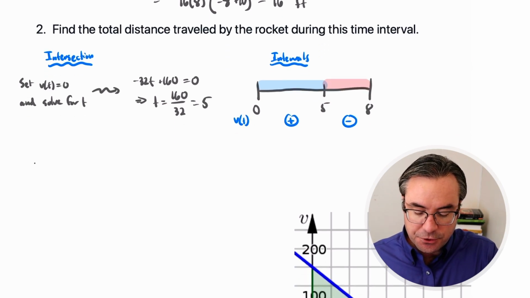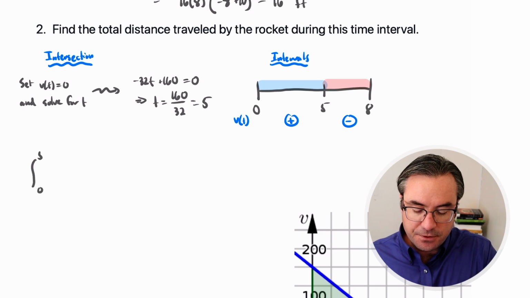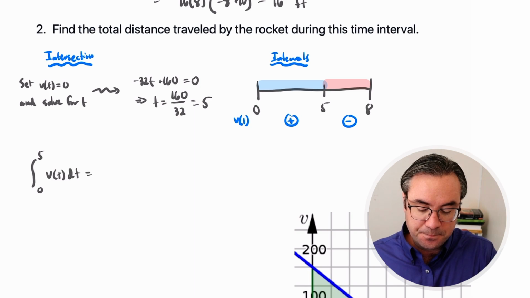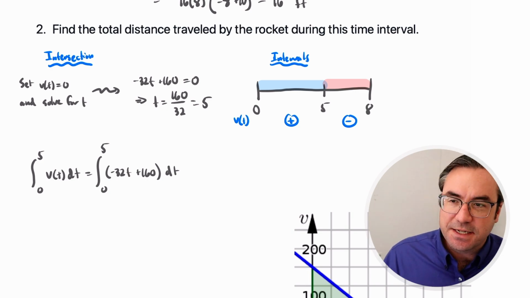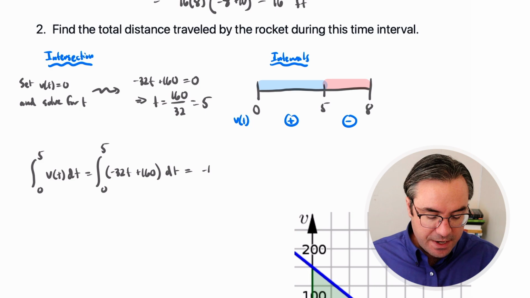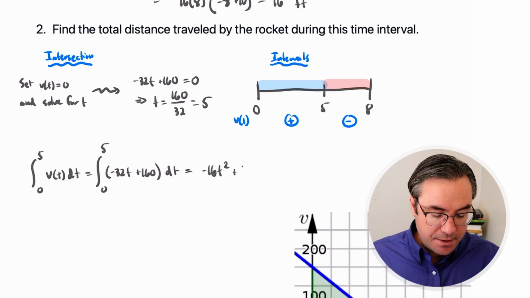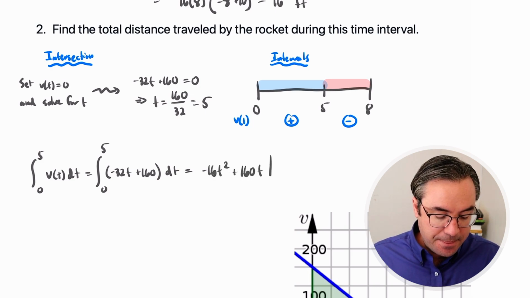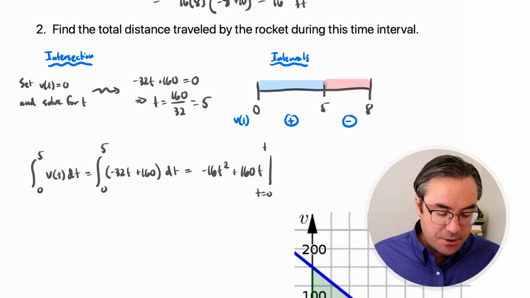All right, so let's do our two integrals. Integral from 0 to 5. We're going to integrate our velocity function, and our velocity function was negative 32t plus 160, and we already found the antiderivative of this, so negative 16t squared plus 160t, and then we're evaluating from 0 to 5.